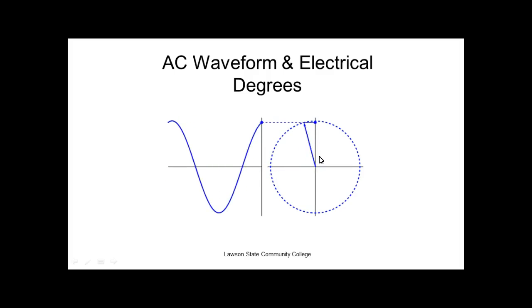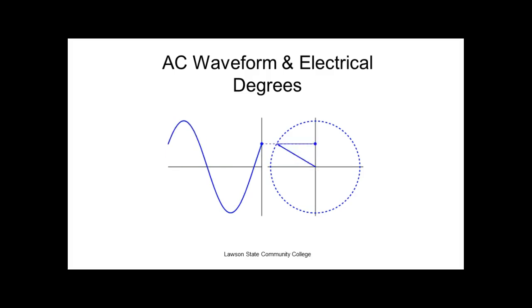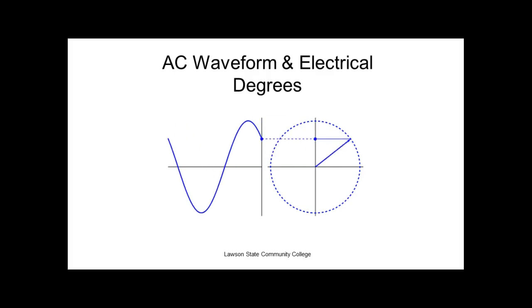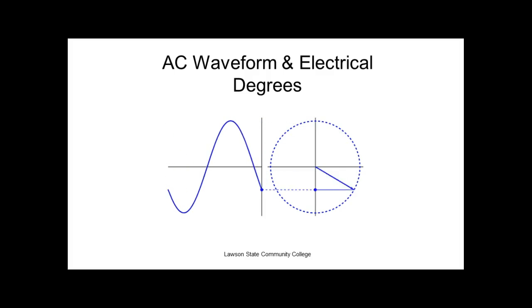What's the sum of the angles of any triangle? No, the sum of all the angles. 180 degrees. In right triangles, one of those angles is 90 degrees. So what that means is the other two have to sum up to 90 degrees also, right?